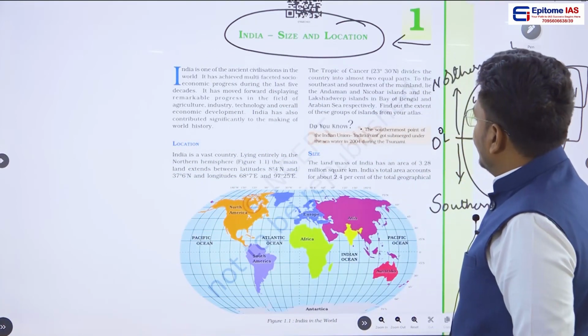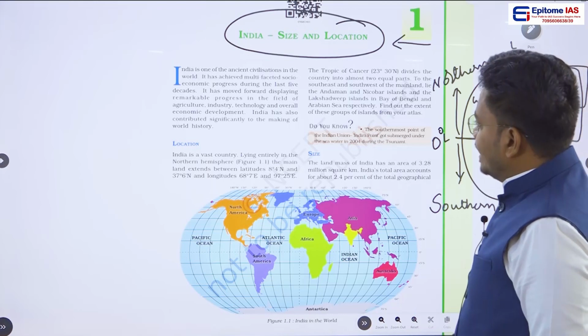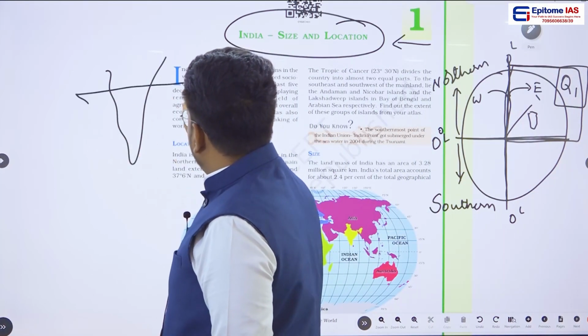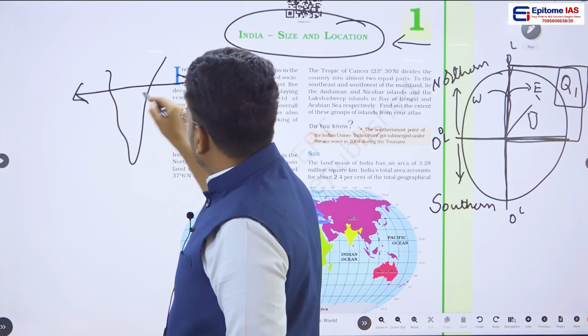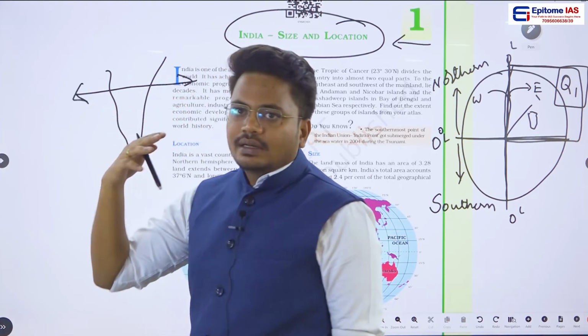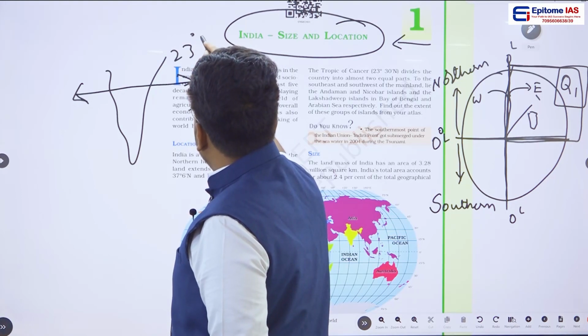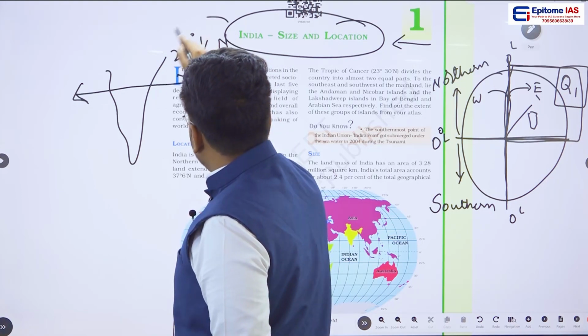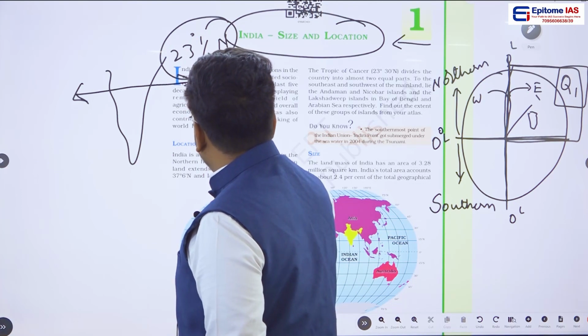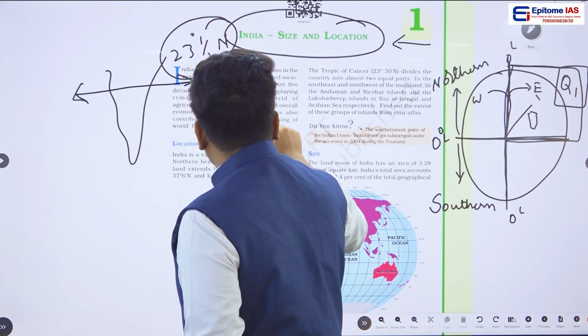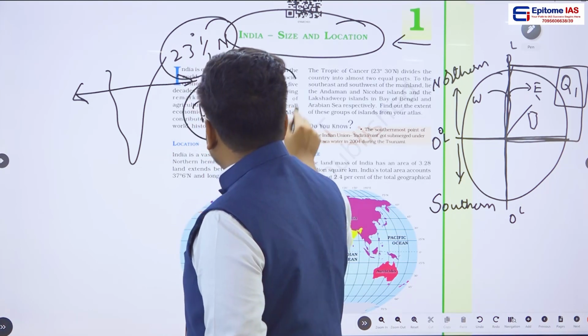And we have also seen that an important latitude, 23 and a half degrees north latitude, which is called the Tropic of Cancer, passes through India.